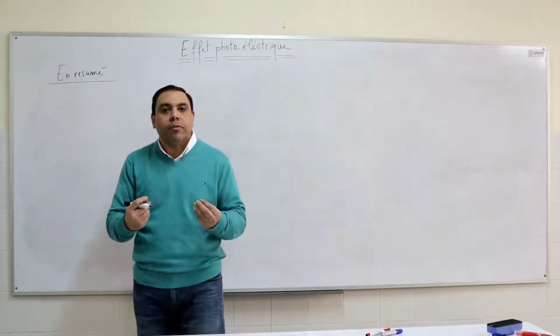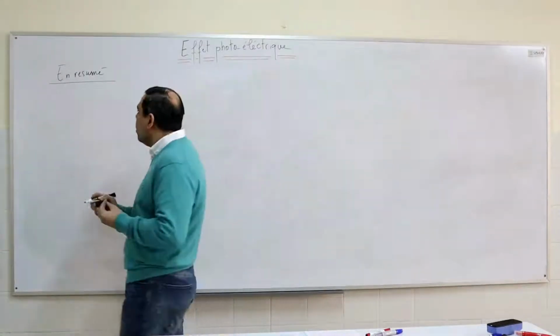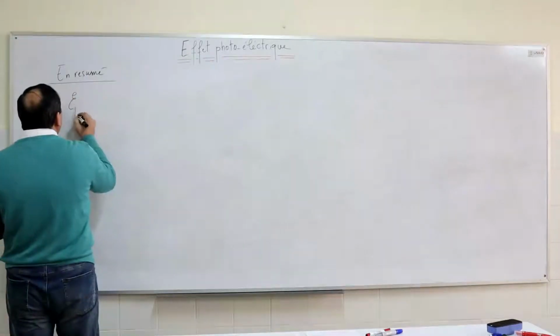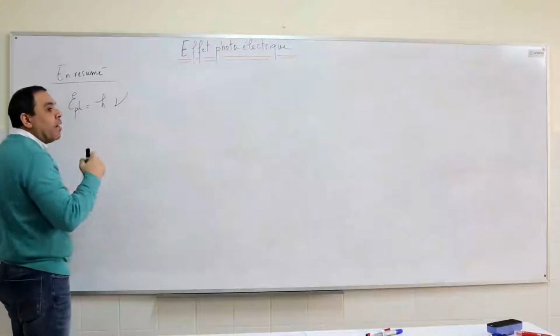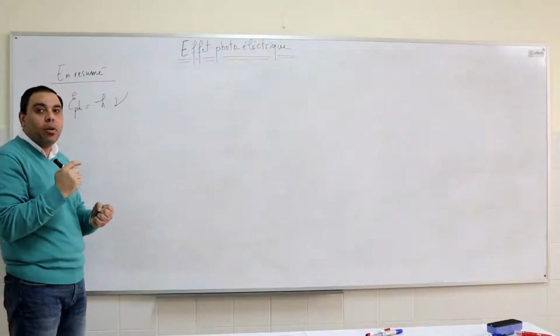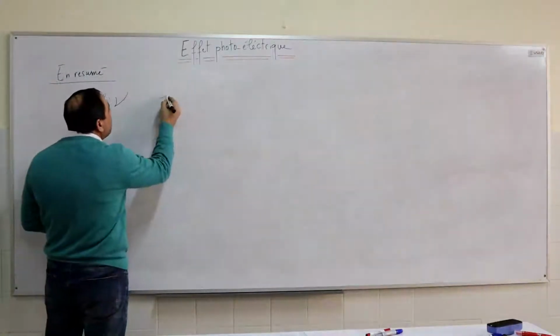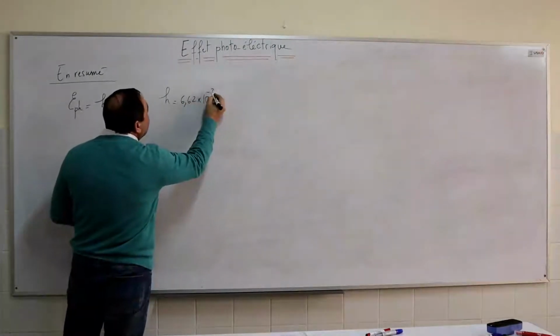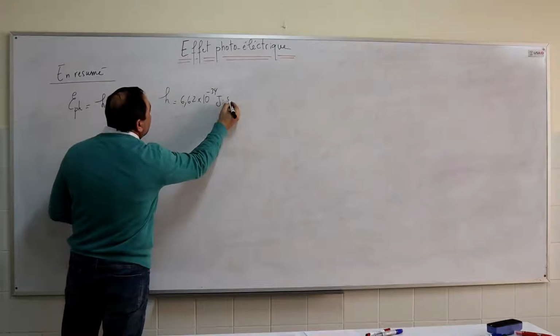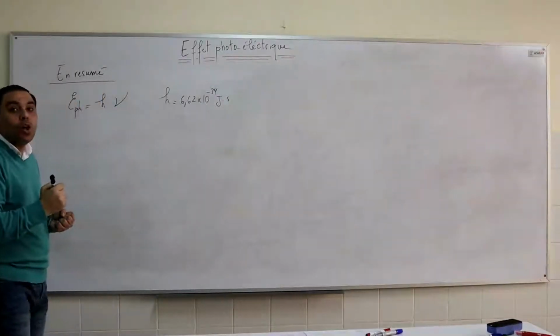Each photon carries an energy equal to h nu. Nu is the frequency of the radiation that illuminates the metal, and h equals 6.62 times 10 exponent minus 34 joule seconds, which is Planck's constant.